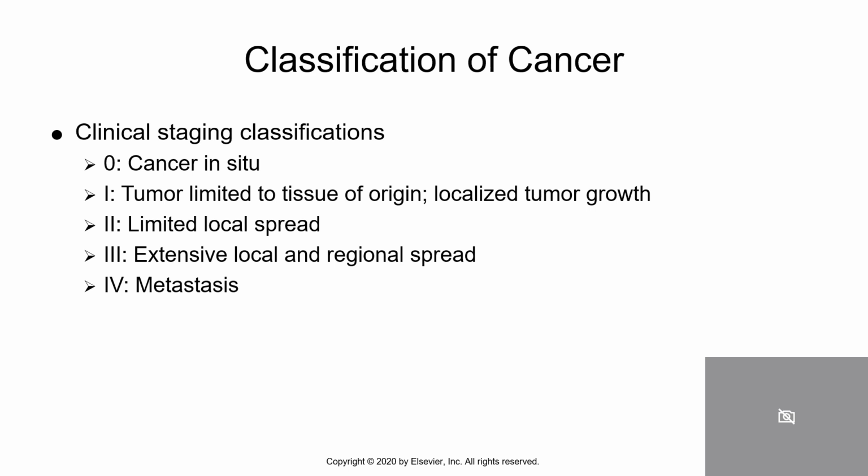So is it contained and not spread anywhere, which would be 0, or is it limited just to the tissue that it originated in, which would be a 1? Has it spread a little bit in a limited area, which would be a 2, or has it spread extensively, locally and regionally, which is a 3, or has it progressed to other areas and tissues so that it has metastasized and is considered a 4?